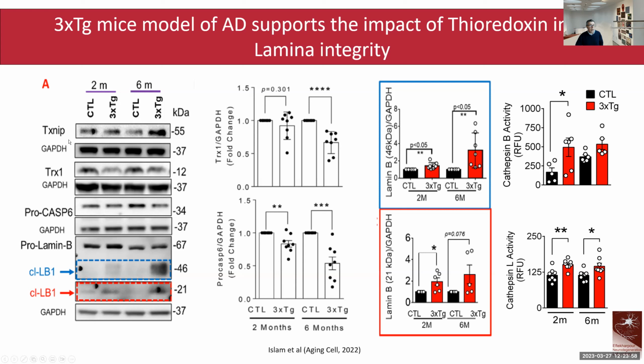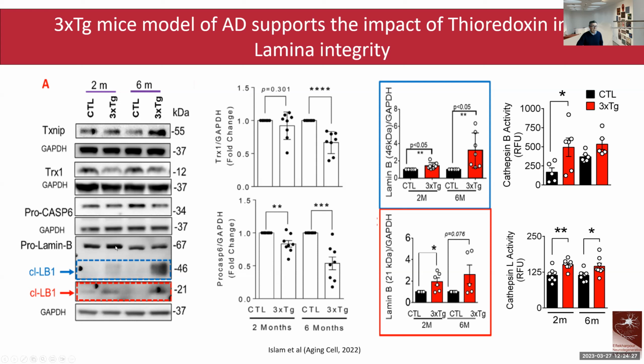So here we are looking at different factors. Here I'm showing you the thioredoxin level. We're looking at 2-month and 6-month-old mice, and we see that there is a decreased thioredoxin level in these animals. This is associated with changes in caspase-6 activity, and we can see the decrease in procaspase level, meaning an increase in caspase-6 activity.